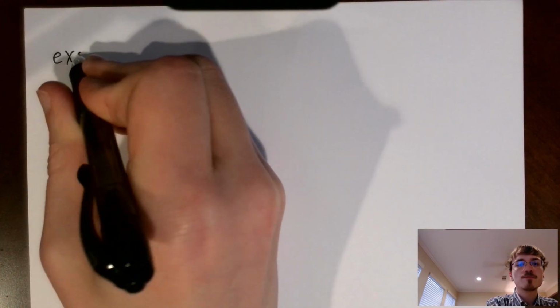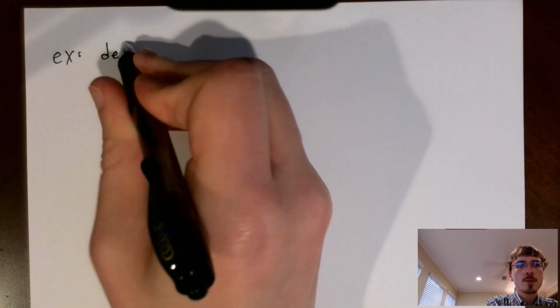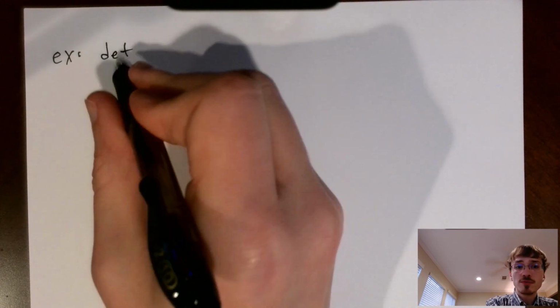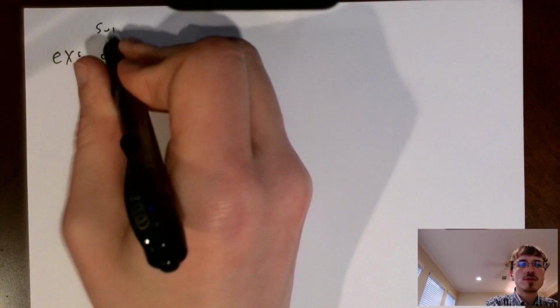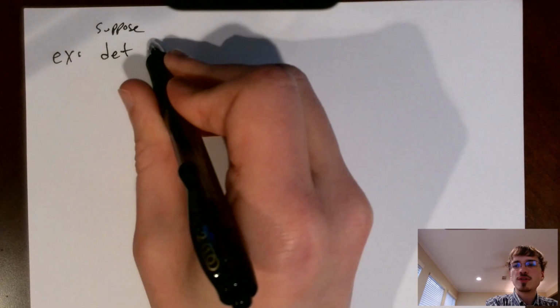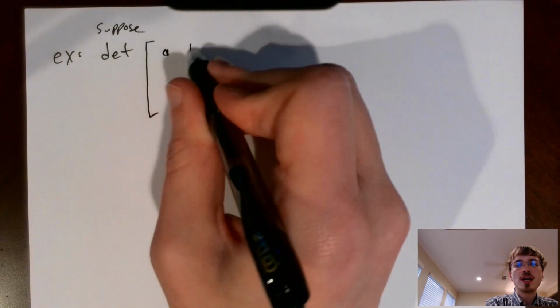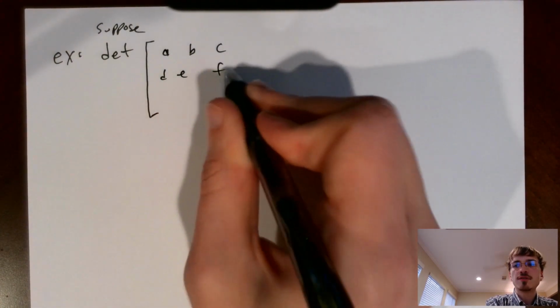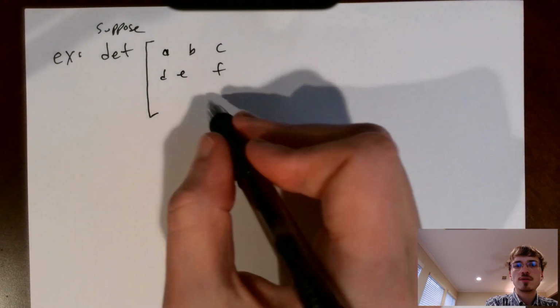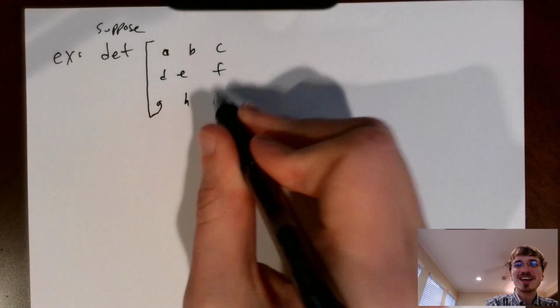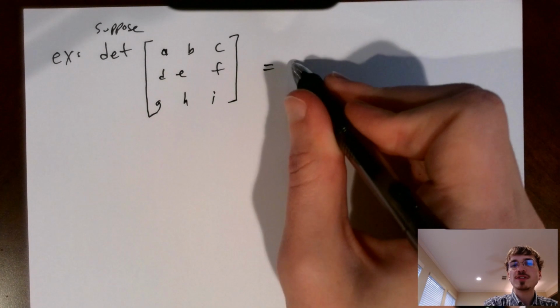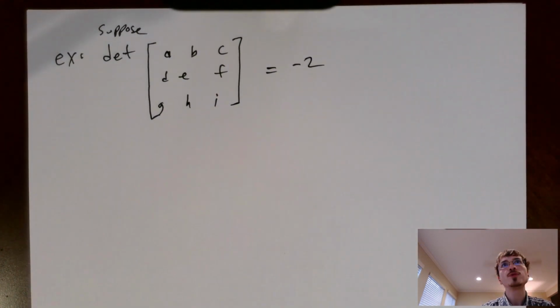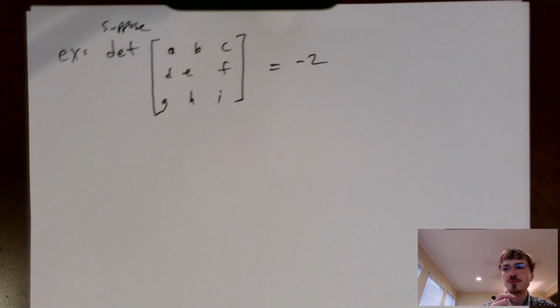All right, let's do one more example to see why the theorem is true. Suppose that the determinant of your favorite matrix, with rows A, B, C, then D, E, F, then G, H, I, had to do the alphabet, sorry, is -2.